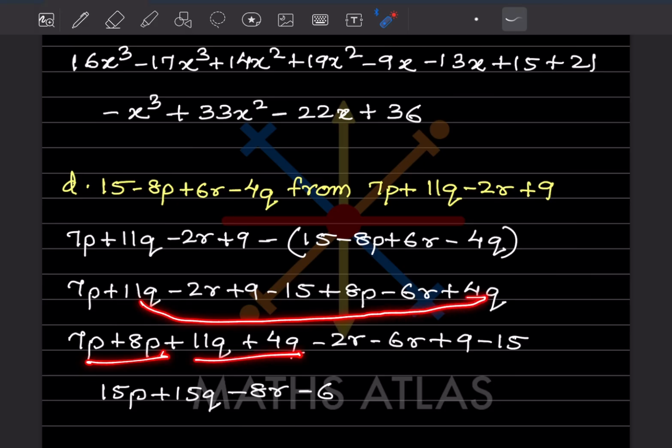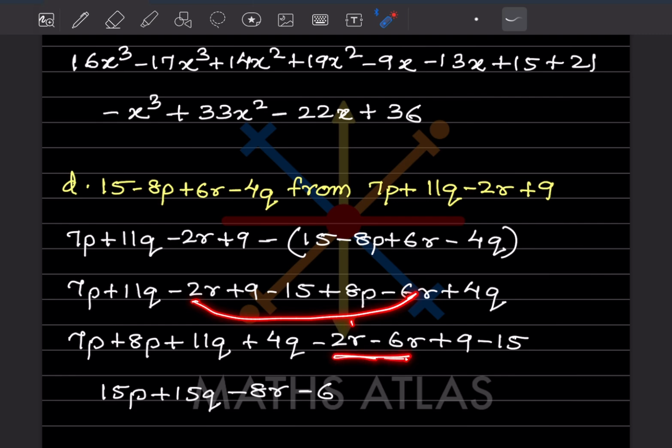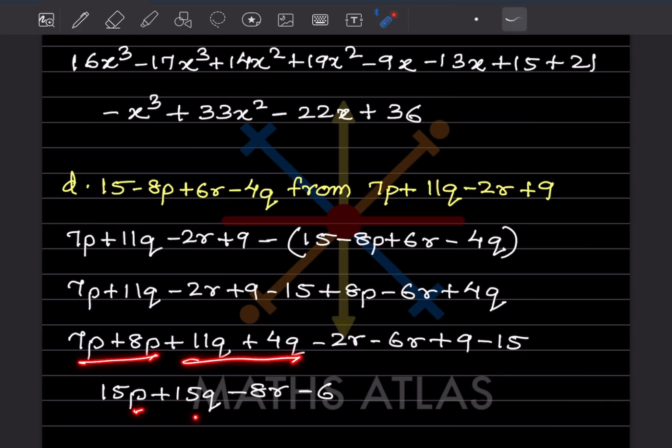This is going to be here. This is going to be minus 2r minus 6r, and this will be plus 9 minus 15. So this is going to be plus 15p, this is going to be plus 15q, this is going to be minus 8r, and this is going to be minus 6.